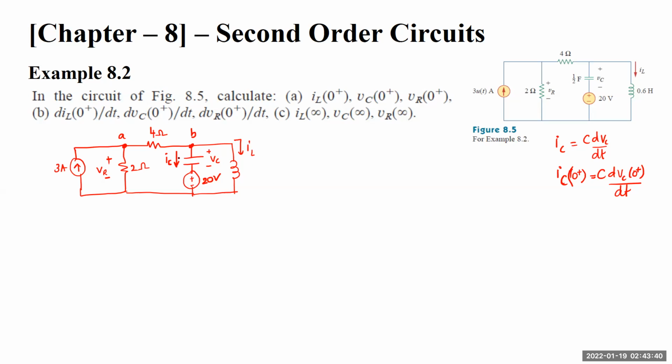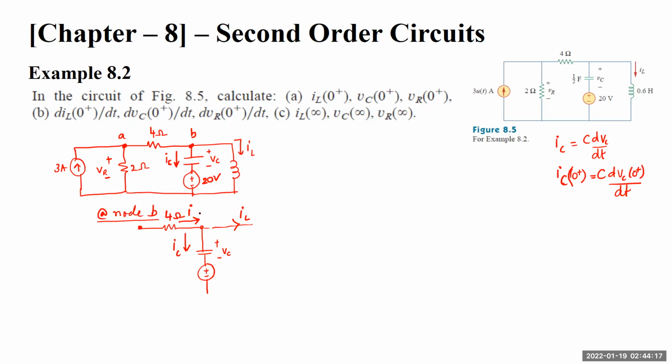So if we are applying the sum of currents at node B, it looks something like this. So this is my VC. There is some current IC going here. This is 4 ohm, and there is some current I coming here, and there is some current IL going in this direction.